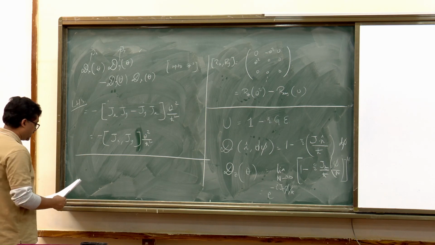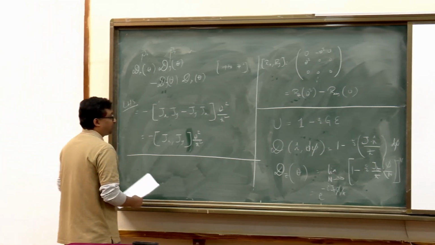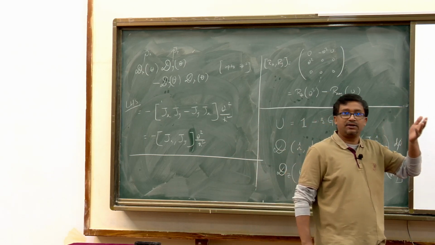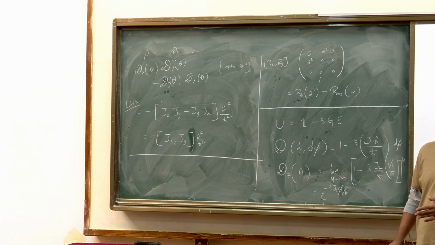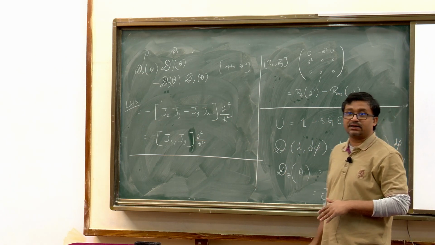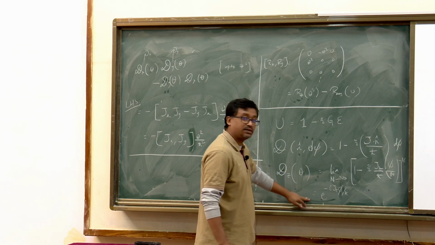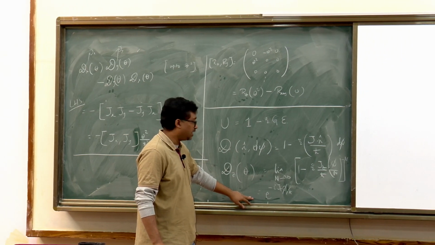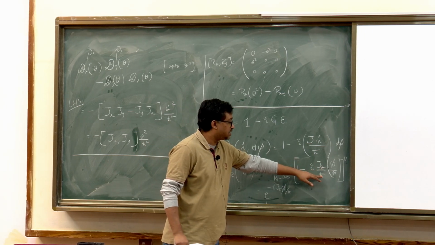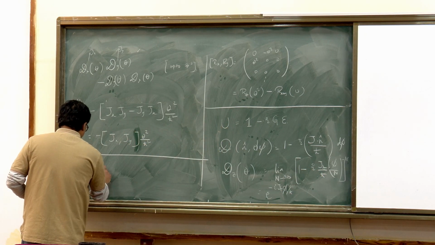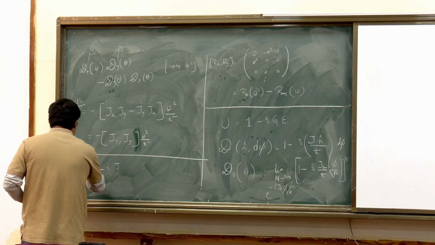So what is our right hand side? On the right hand side we have to keep up to theta, right? Because we are replacing theta with theta square. If we use any other term, that term we have to neglect. So this was our Dz: 1 minus i Jz by h bar theta.